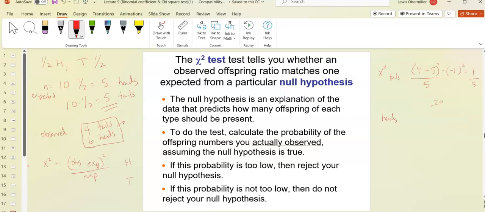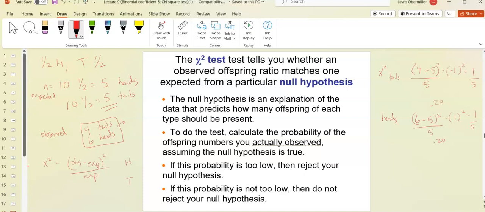So for heads, our observed is 6 heads. We subtract our expected, which is 5. Again, squared. So this is 1 squared, which is 1. And then we divide that by our expected, which is also 5. So this is 1/5, which is also 0.2.